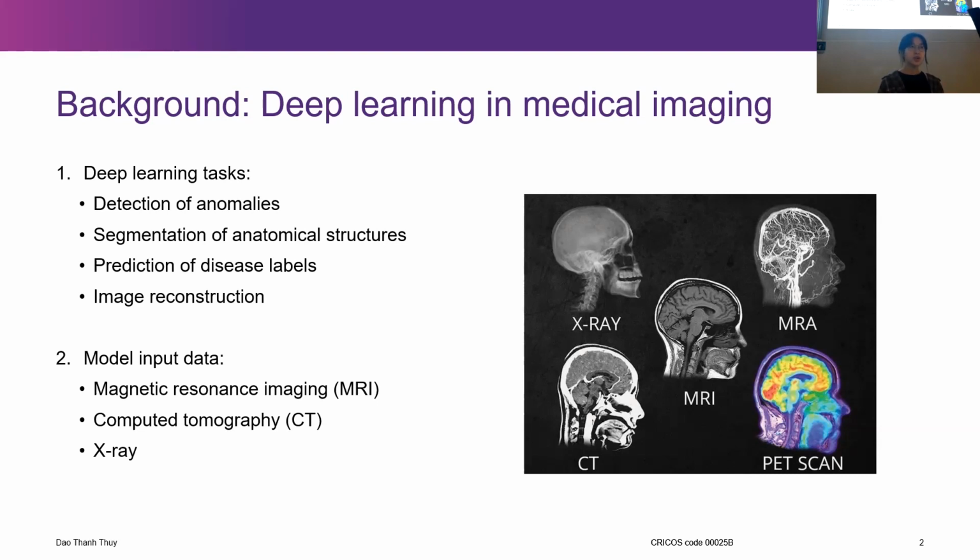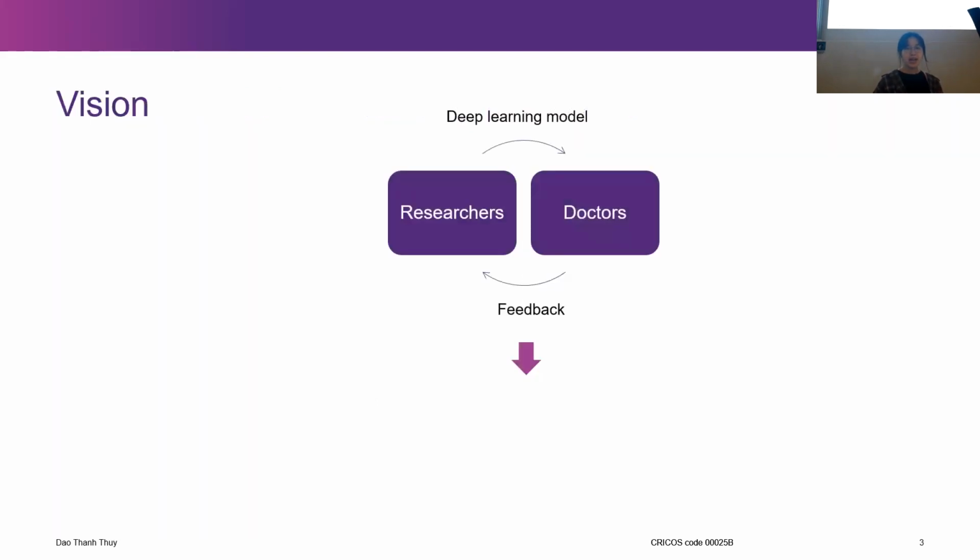And the input to deep learning models in the medical area includes but is not limited to MRI, CT, and X-ray. So it's slightly different from natural images. And that's why it's best to bring deep learning models closer to the clinic setting where the user has all the tools in their hands, and that would fill the gap between users and deep learning models.